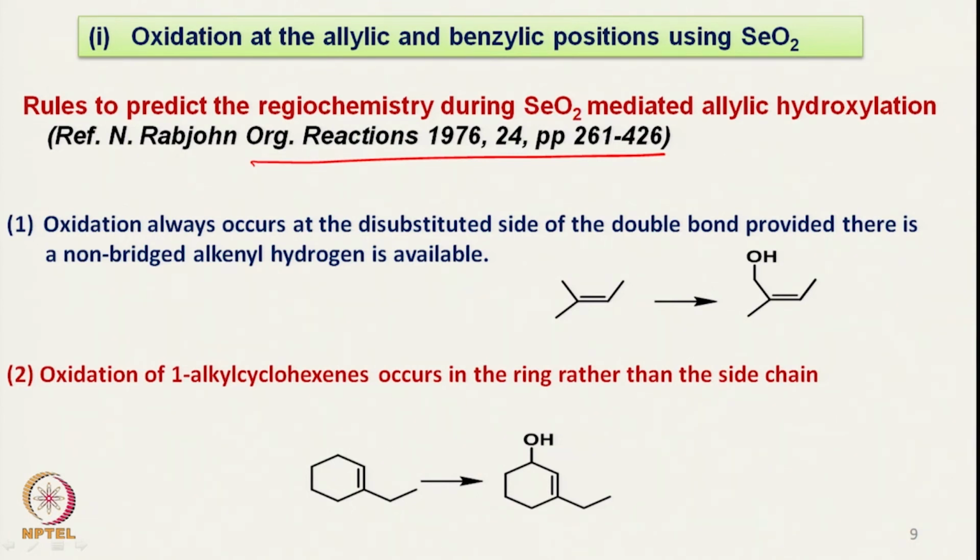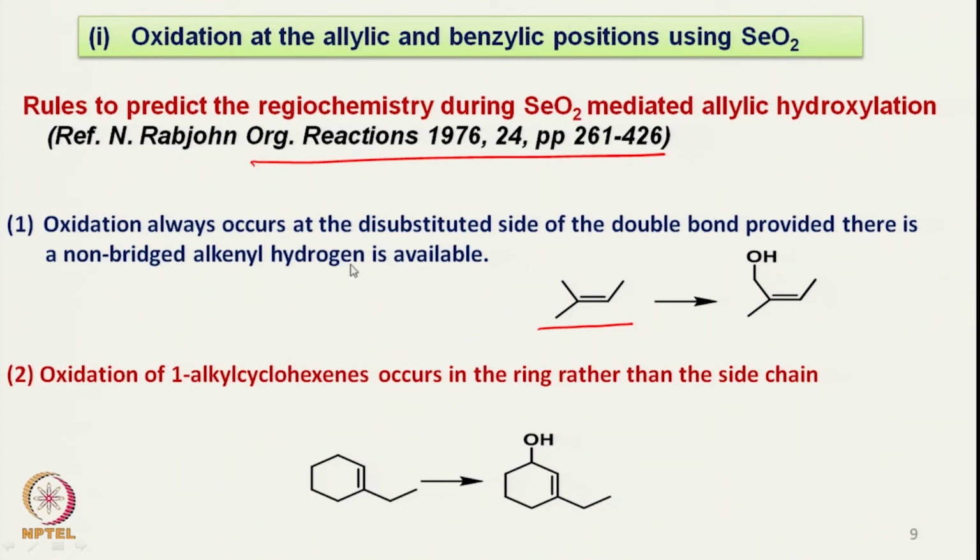For example, when we have an oxidation to carry out on an olefin of this type, which has three substituents on the double bond, the first rule says oxidation always occurs at the disubstituted side of the double bond, provided there is a non-bridged allylic hydrogen available.